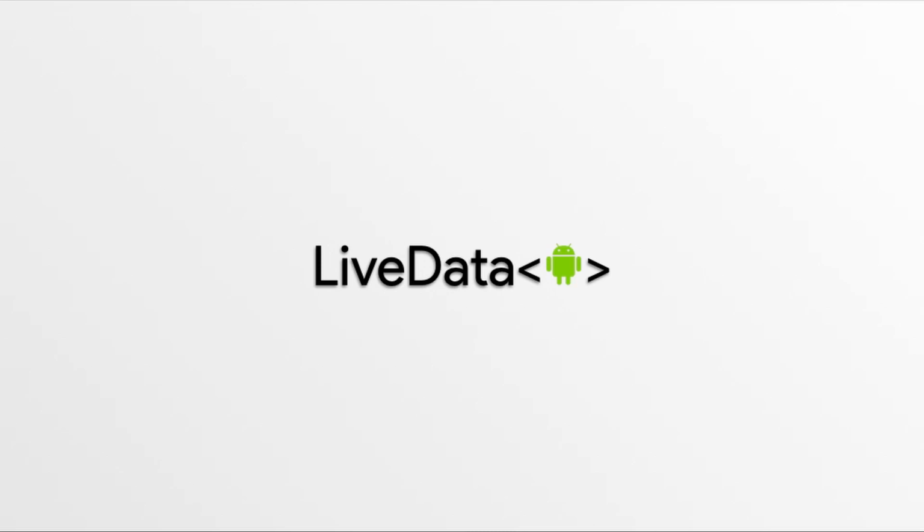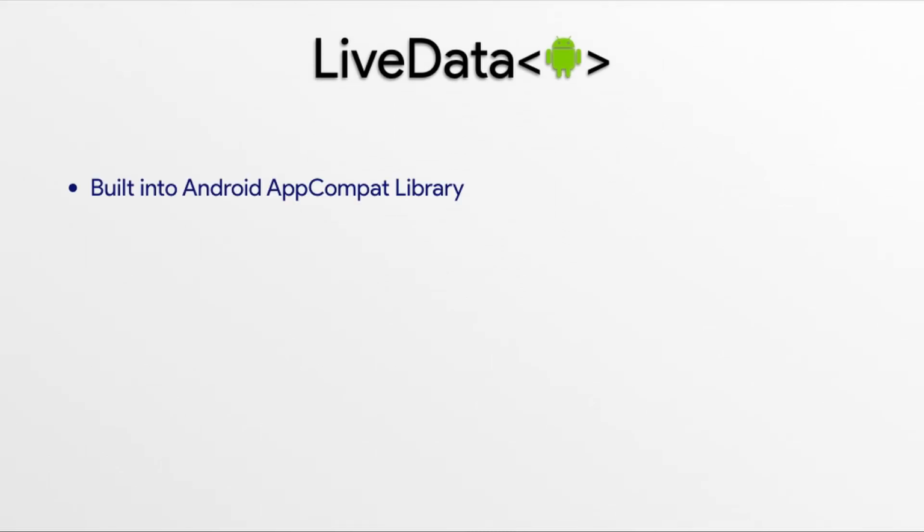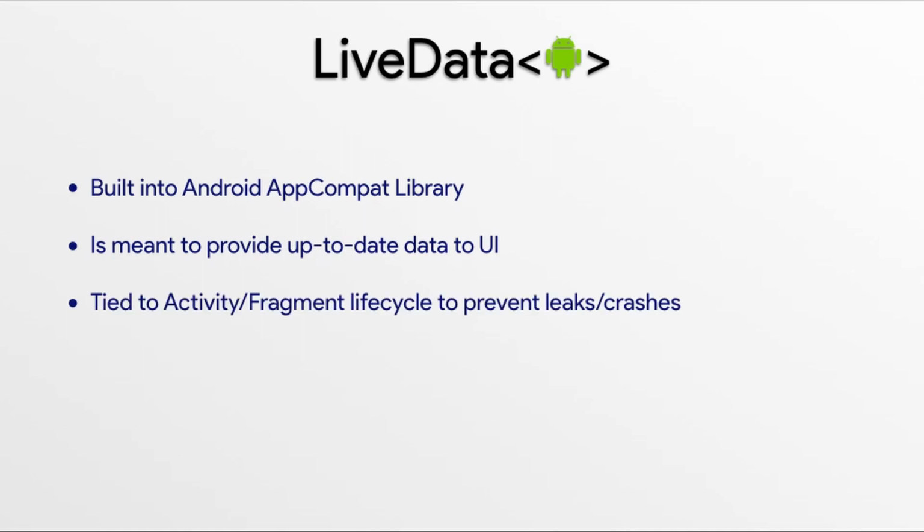So first off, LiveData. LiveData is built into the Android AppCompat library. So if you've started an Android project in the last year, you probably already have this in your project somewhere. It is meant to provide an up-to-date user interface. When I say user interface, that's really the scope of where you should be using LiveData. If you start to use it outside of user interface things, it gets tricky and fuzzy.